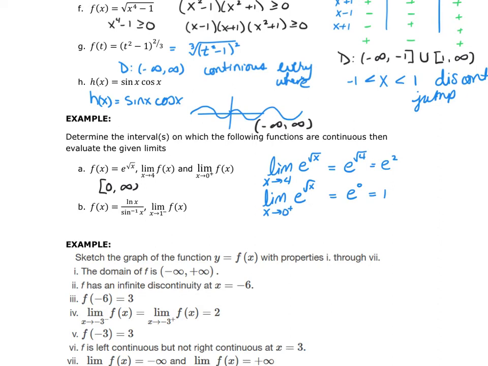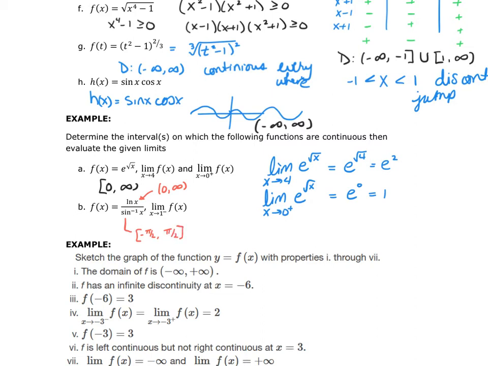Let's take a look at b. For b, we have f of x equal to the natural log of x over the sine inverse of x. For the top piece, the domain is from 0 to infinity. The domain of sine inverse is from negative pi/2 to pi/2.